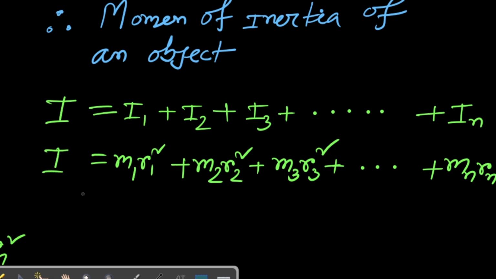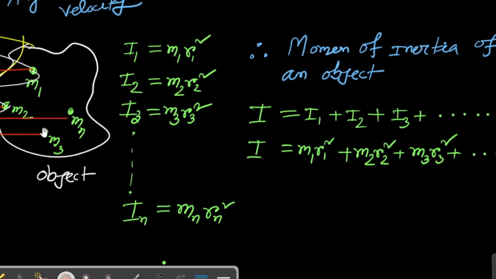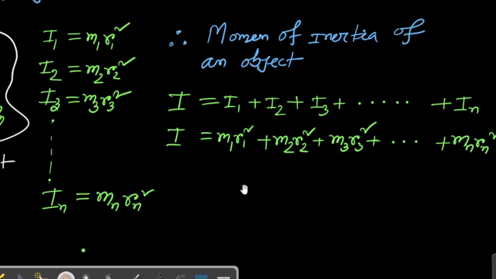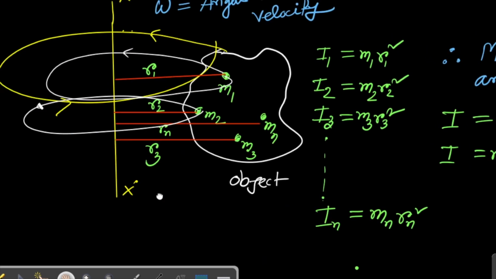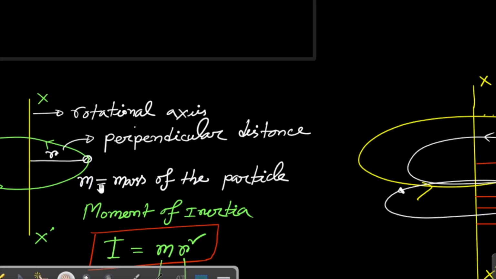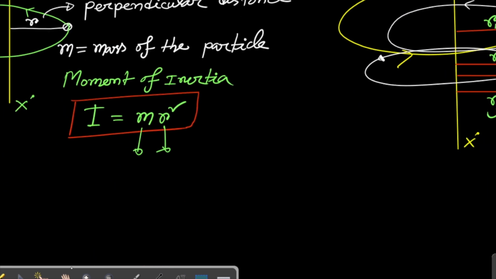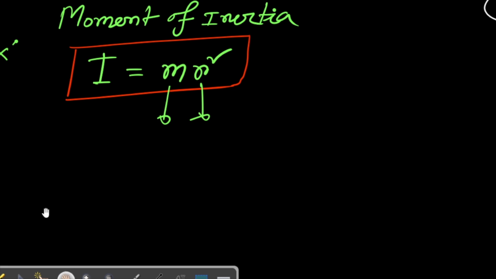This is the equation to find the moment of inertia of an object. In the case of an object, this equation will be valid, but the equation I equals m r squared is only valid for a particle.